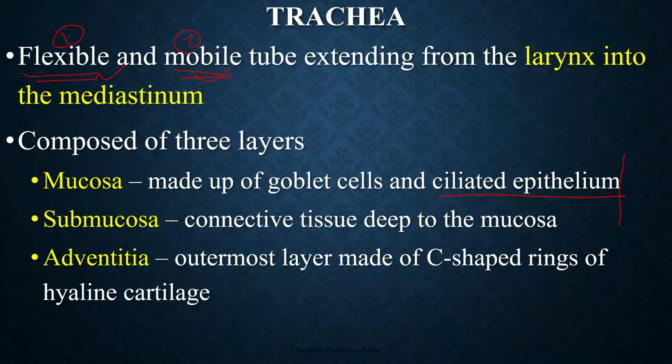So by ciliated epithelium, it simply means that the uppermost layer has some hair. That particular hair is called the cilia. The cilia is responsible for wafting out or pushing away dust and foreign particles from getting into the lungs.